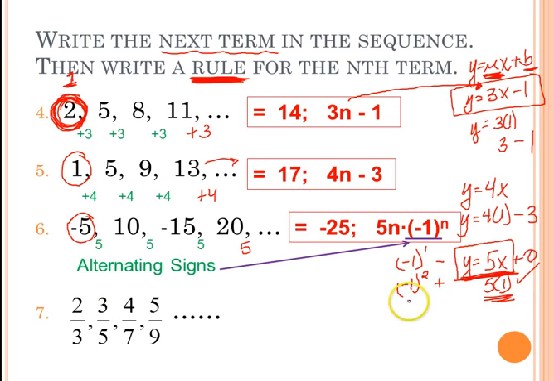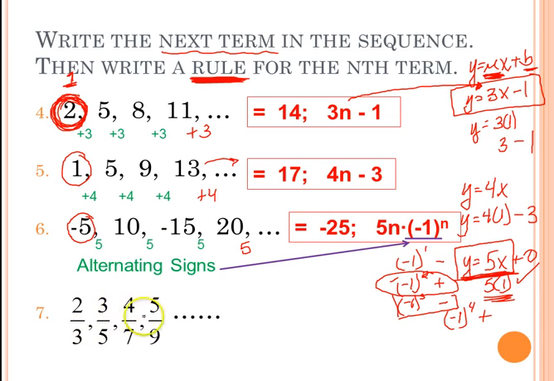And then the next one would be negative 1 cubed, which is again a negative, and then negative 1 to the fourth is now positive. So this negative 1 to the n is what's making my first term negative, negative 5. Then my second term was a positive 10, because when you square it, it's a positive. Third term goes back to being a negative. Fourth term is a positive. So anytime you have those alternating signs, that's what this negative 1 to the n is.